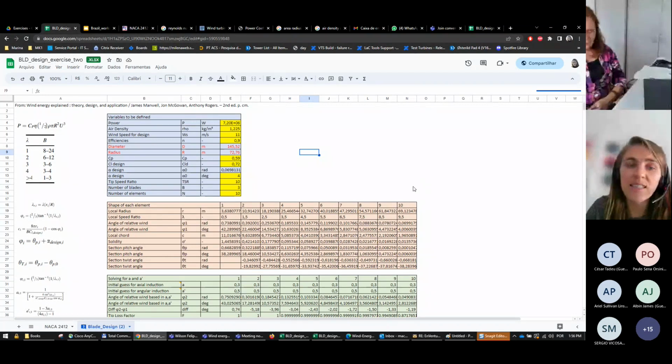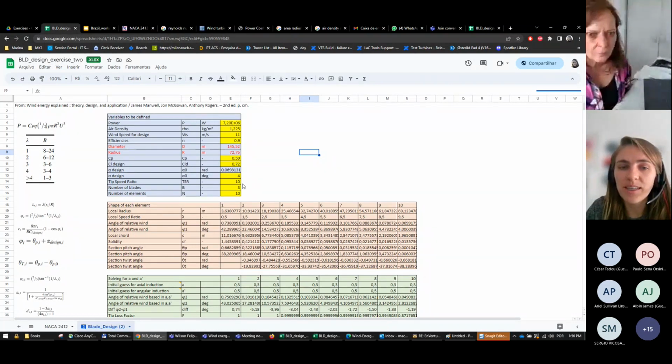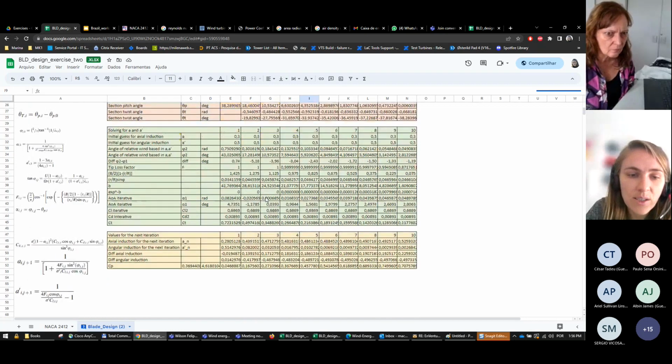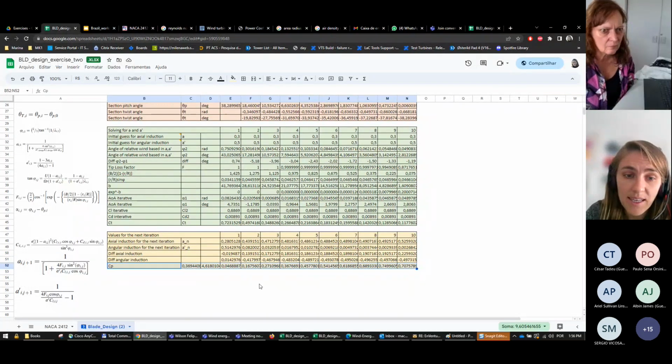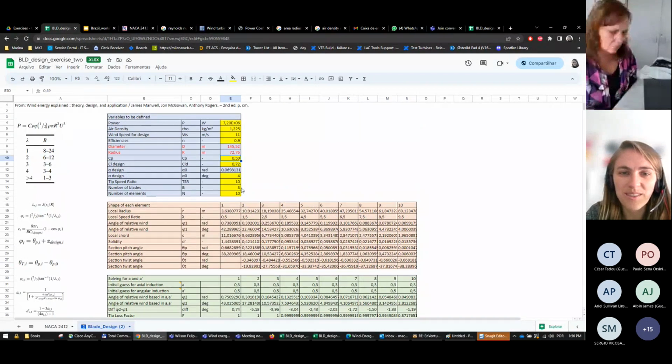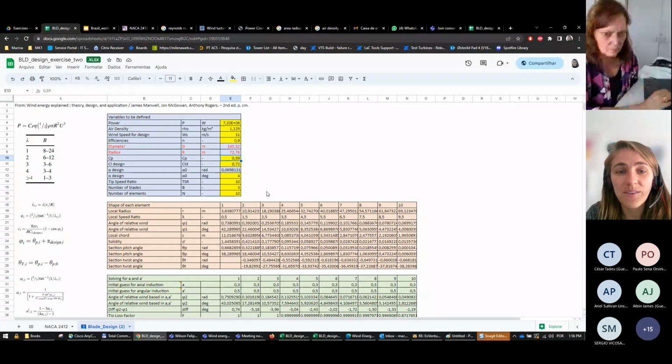I was considering a tip speed ratio a bit higher, around 10, and an angle of attack of 4 for design, and 3 blades. Including that equation for CP that I already mentioned, the final CP that I got in the first calculation was 0.36, which is way far from my first assumption of 0.59, very close to that limit.